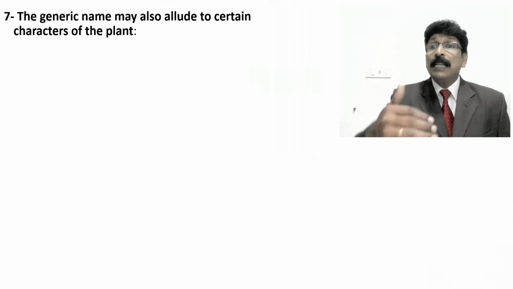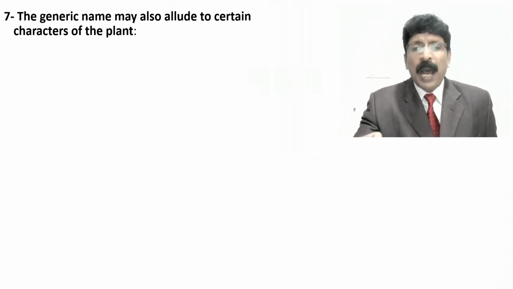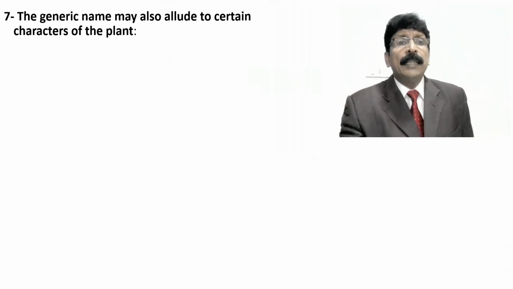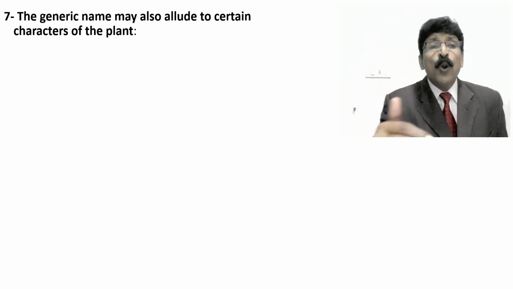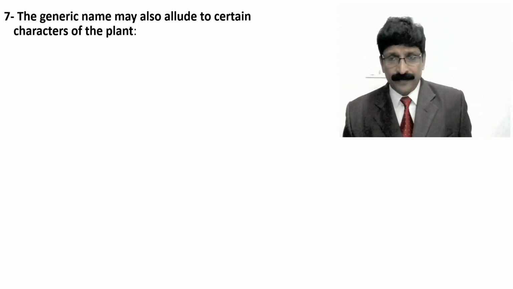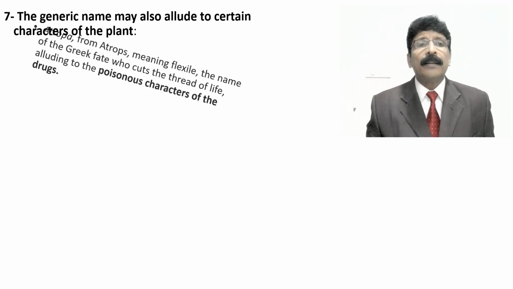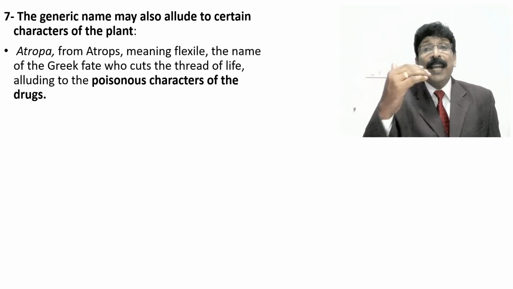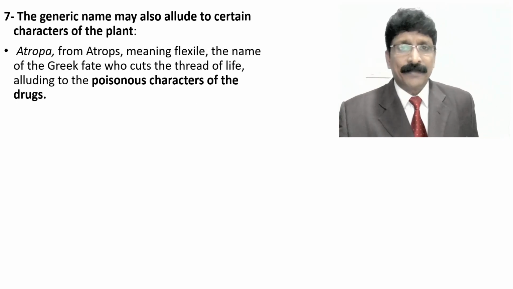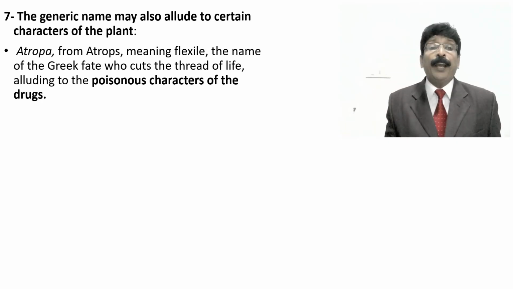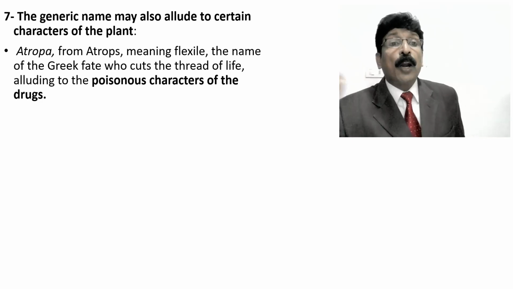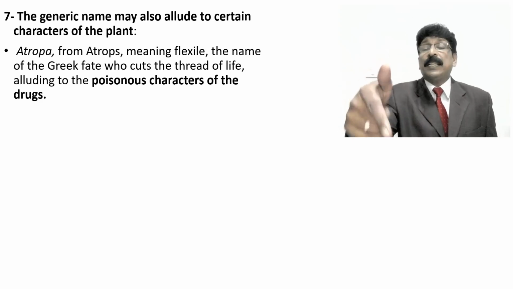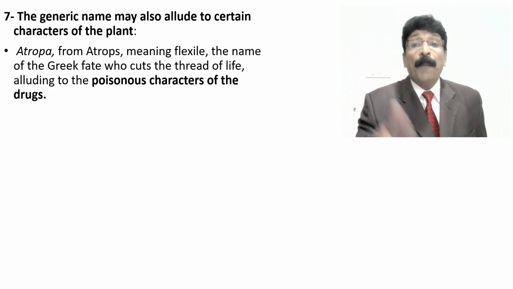Next is 7.1, genus name. Atropa. I told this in the beginning slide itself. The generic name may also allude to a certain character of the plant. Like Atropa. Atropa's meaning is inflexible, the name of the Greek fate who cuts the thread of life of an enemy, alluding to the poisonous character of the plant, Atropa belladonna.